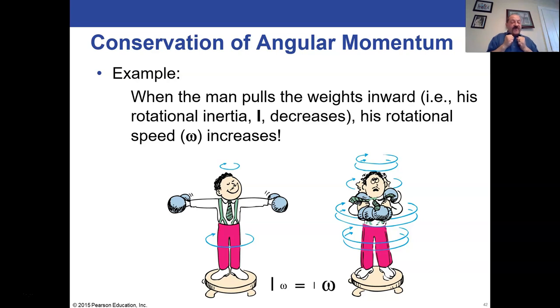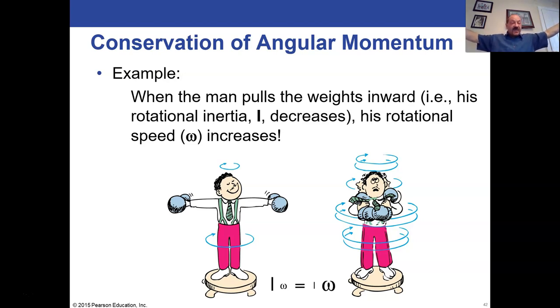Well, there you have your high speed, you're spinning real fast, but your rotational inertia is small because you're keeping all your weight close to the axis of rotation. You're rotating around the center of your body. But as soon as you stick the weight out, you have moved the mass out, and that increases your rotational inertia. The further you are from the center, the harder it is for you to turn.